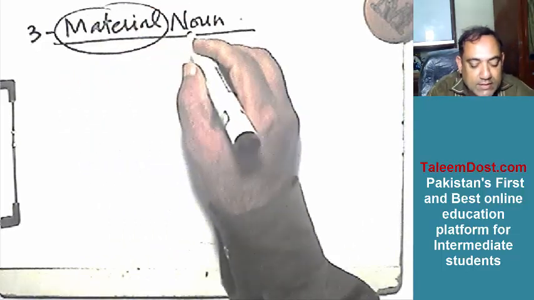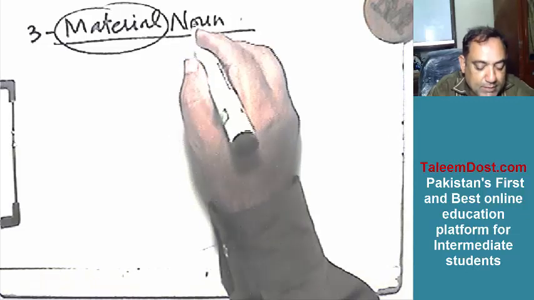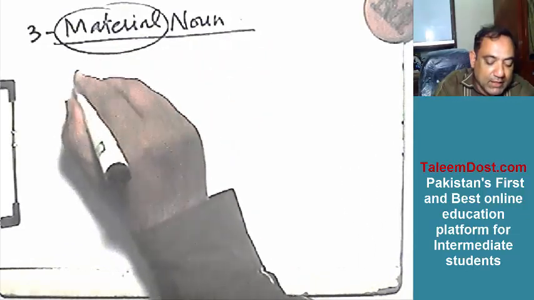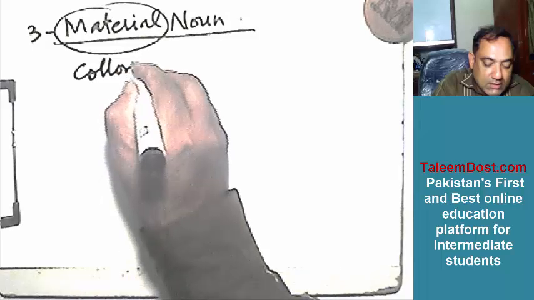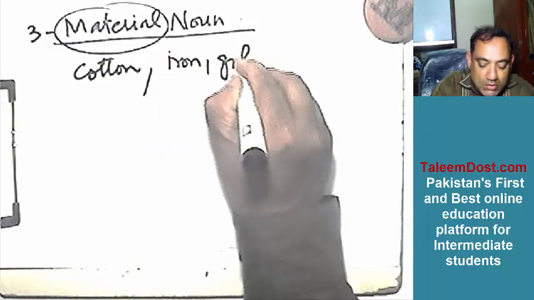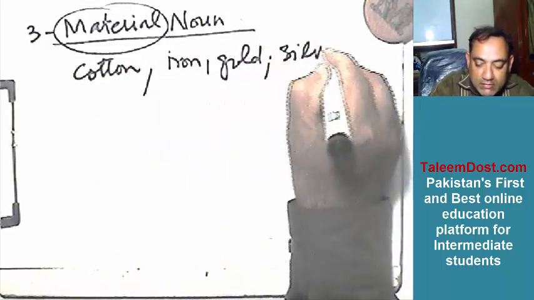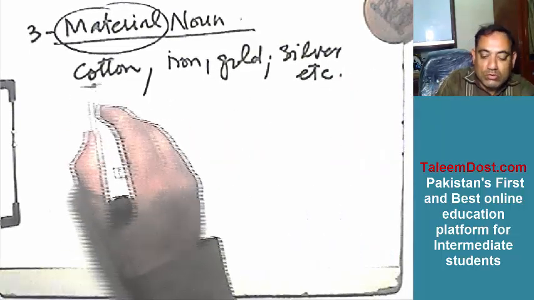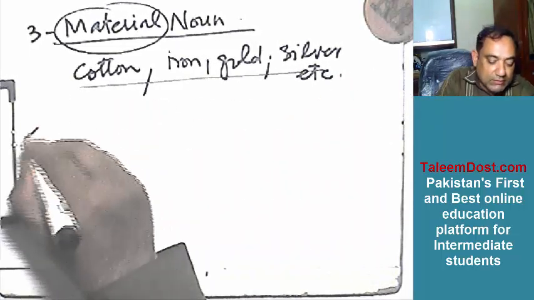As dear students, the word exposes, it presents the name of some material: cotton, iron, gold, silver, etc. So these are the names of material.